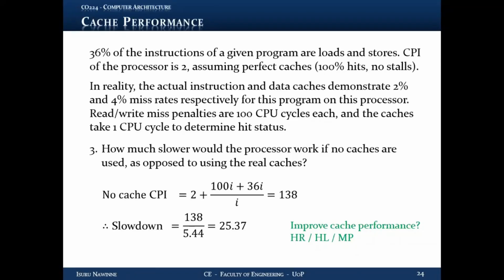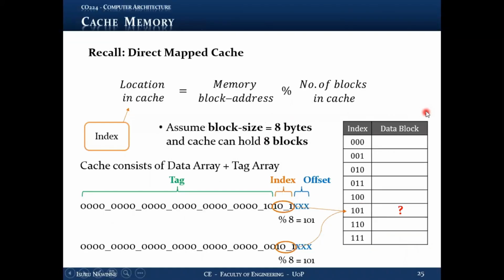We are not going to have gigabyte size caches, but still your cost is going to be really big if you keep improving the cache size. So there's a trade-off, right? Cost versus performance. So bigger cache size is a correct answer. To improve the hit rate, you can increase the cache size, with more entries or more blocks in the cache.